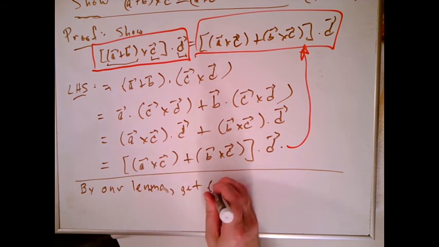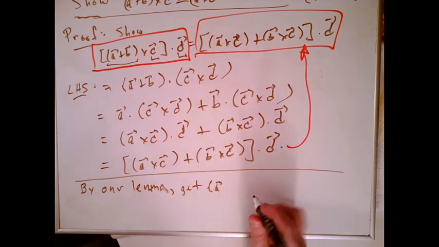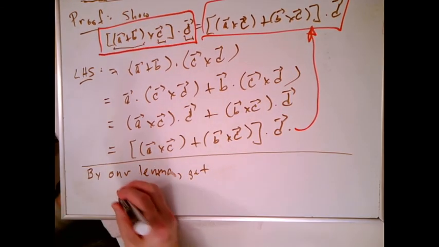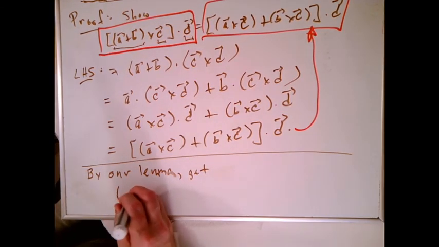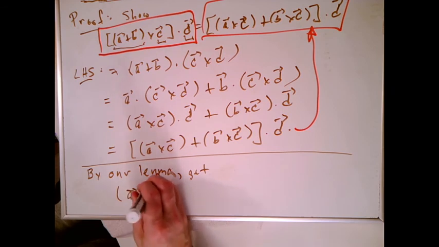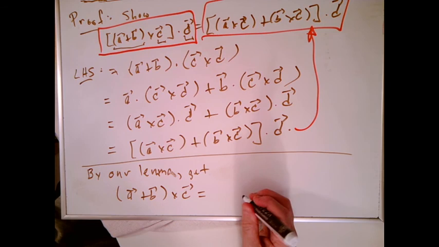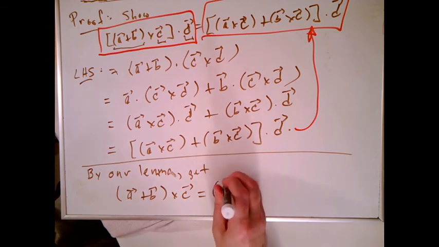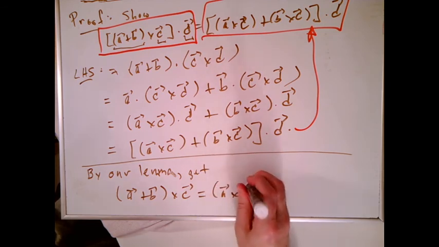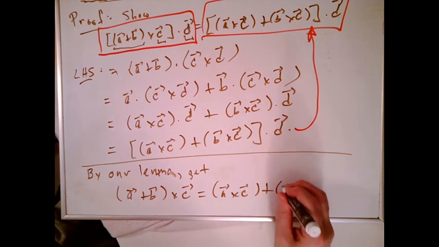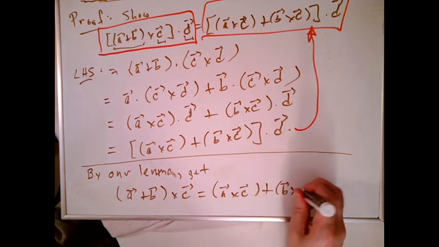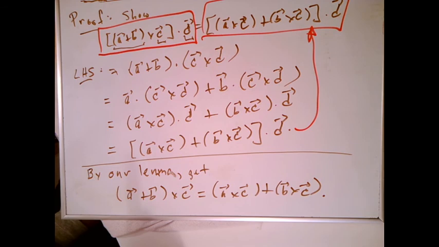We get, let's put it on the bottom so we can write the whole thing out, (A plus B) cross C is equal to A cross C plus B cross C. And that is the distributive property for cross product, and now we can actually use the distributive property to calculate all of our cross products.